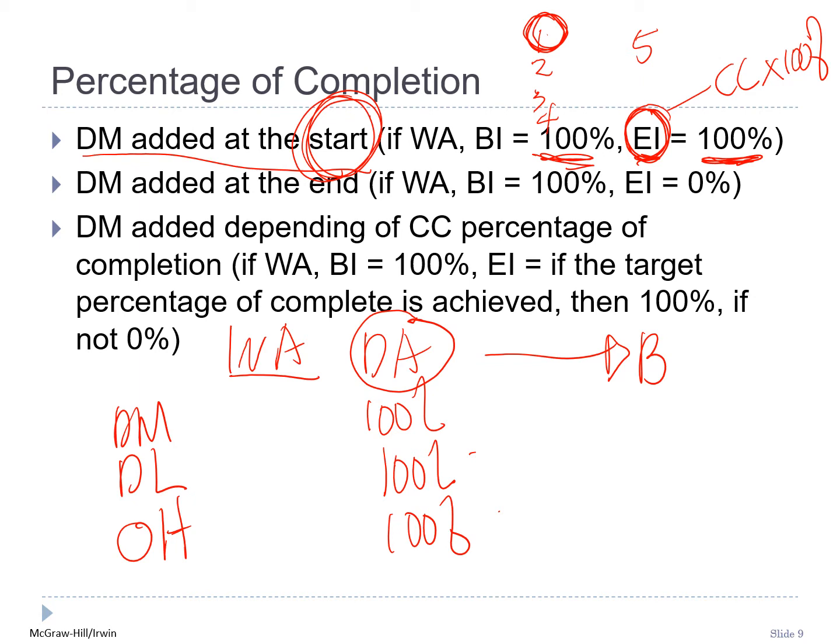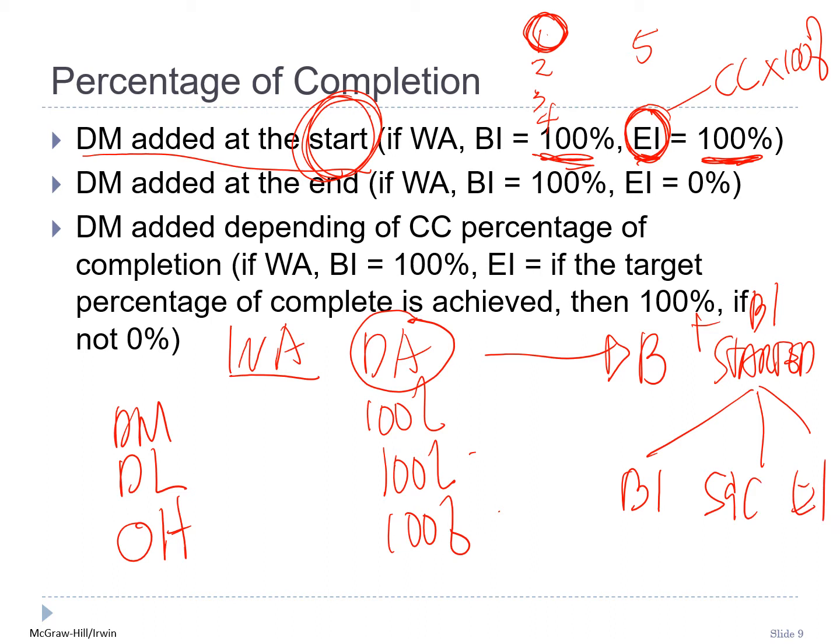Ano sinasabi kong transferred out? Kasi yung started natin plus beginning inventory will be divided into beginning inventory, started and completed, tsaka yung tinatawag natin na ending inventory. So, yung beginning inventory, tsaka started and completed, pare-pareho silang 100% complete.